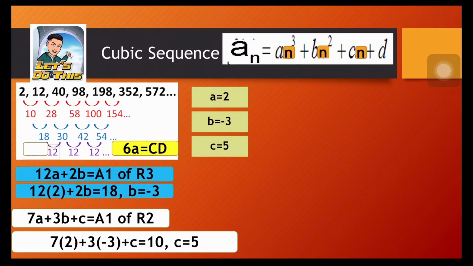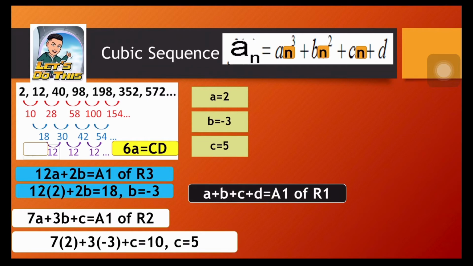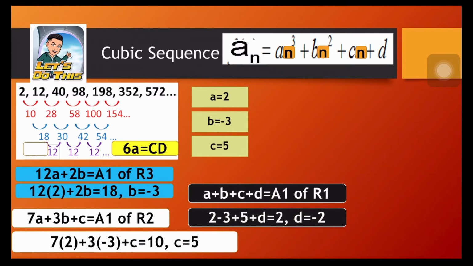To find the value of d, use this formula: a plus b plus c plus d is equal to the first term in row 1. That gives us d is equal to negative 2.